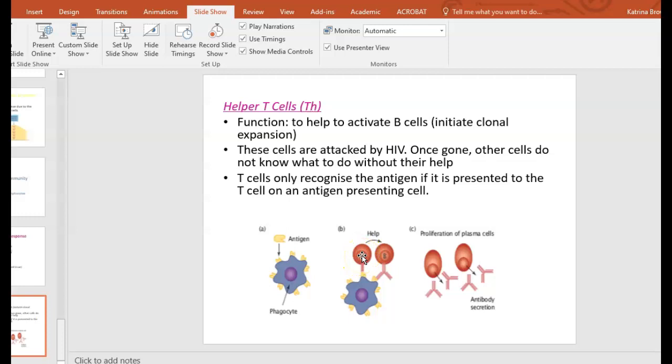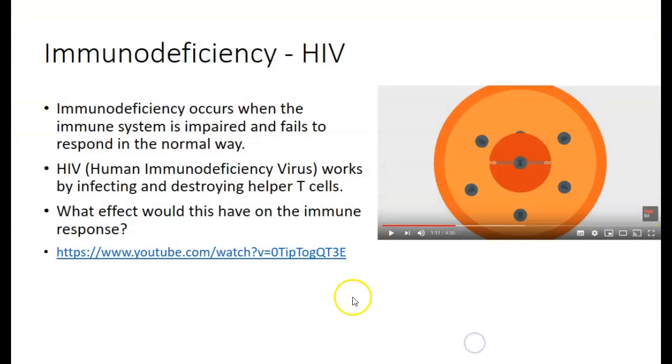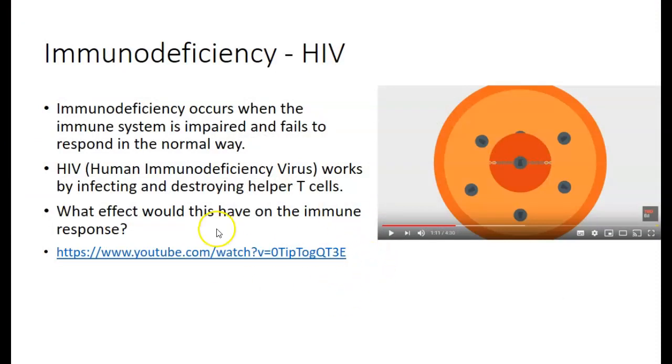The T helper cell will produce all the parts of the virus that are required to build another virus. Once there's enough virus present in the T helper cell, the cell will be killed and the virus will be released into the body. So if we're eliminating a good supply of our T helper cells, you can draw the link to what effect that's going to have on the immune system.